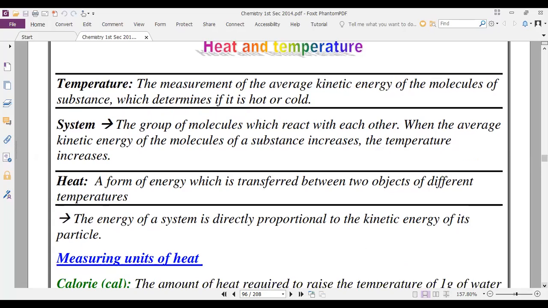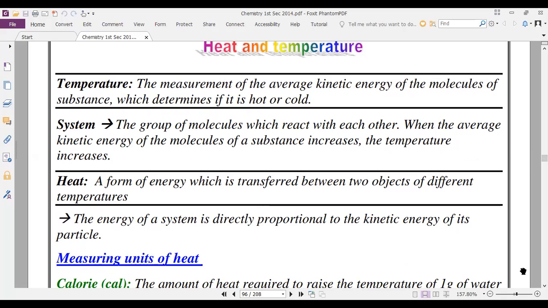Let's continue. What's meant by temperature? Try to read, Mariam. The measurement of the average kinetic energy of the molecules of a substance, which determines if it's hot or cold.